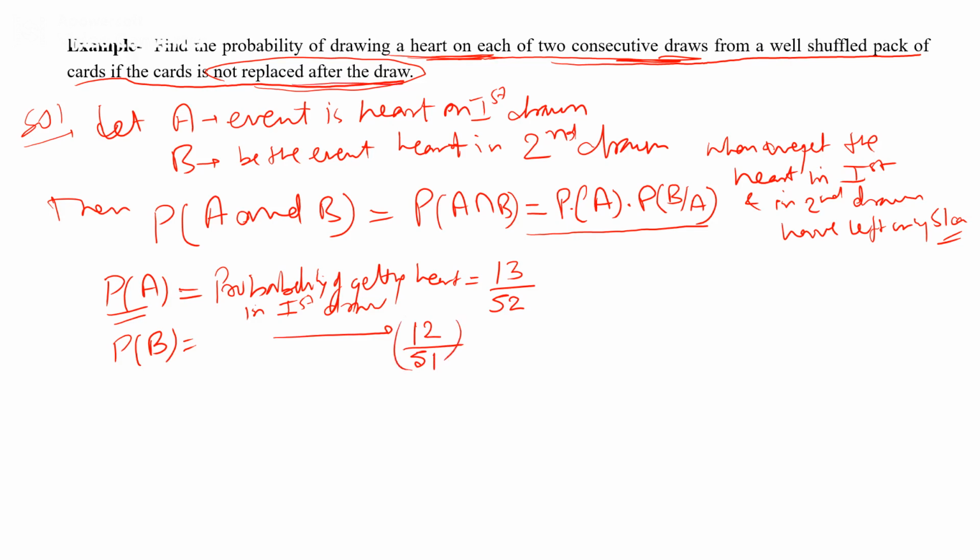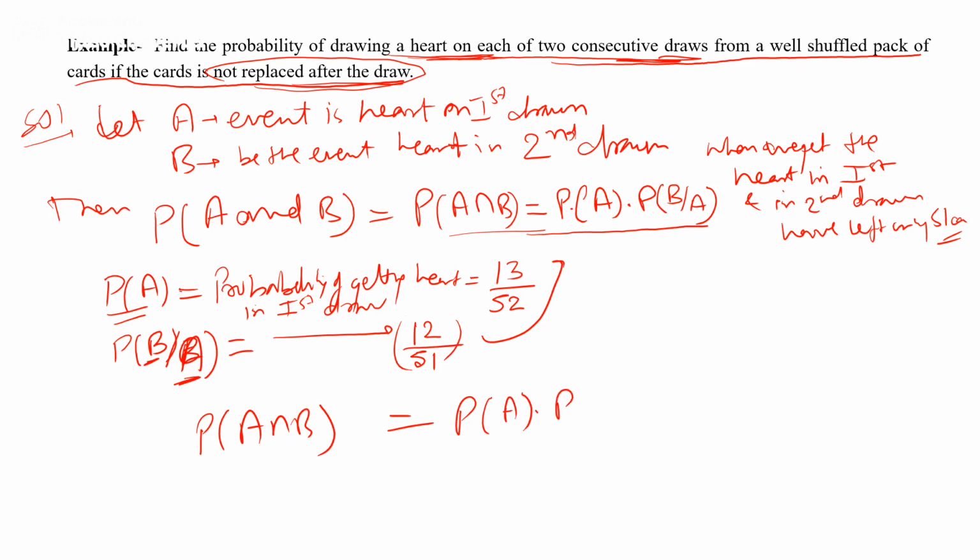That is B given that A has already occurred. Now substituting, probability of A intersection B is probability of A into probability of B given A. So we write 13 by 52 into 12 by 51, and after simplifying we get 1 by 17.